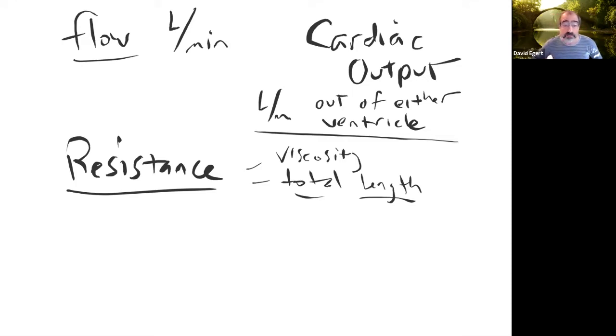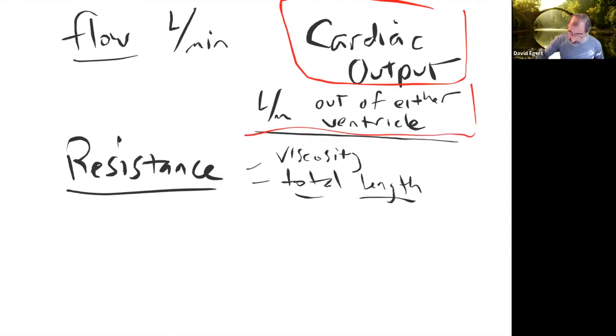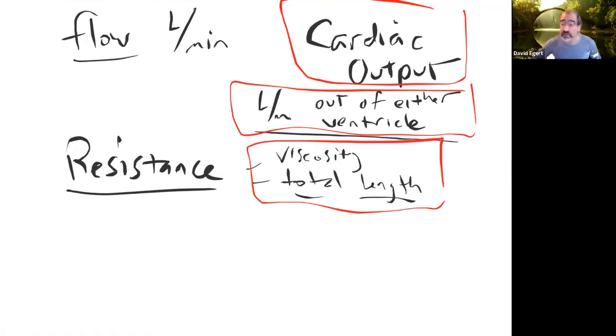So you end up having 3 to 5 times the amount of resistance, and therefore you need that much more pressure, because we talked about cardiac output has to be balanced, right? The flow on the systemic and pulmonary circuits has to be the same, or else you end up with congestive heart failure. But the pressure on either side is very different because of the increased resistance on the systemic circuit.